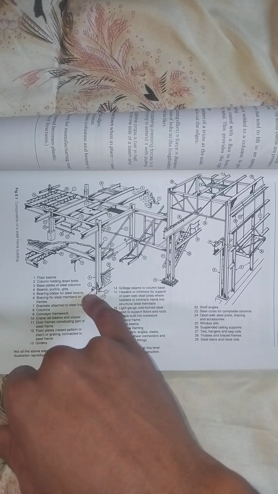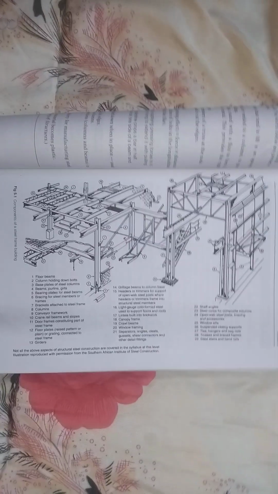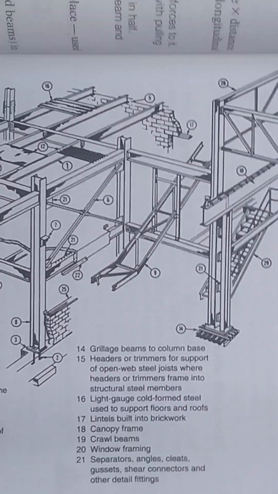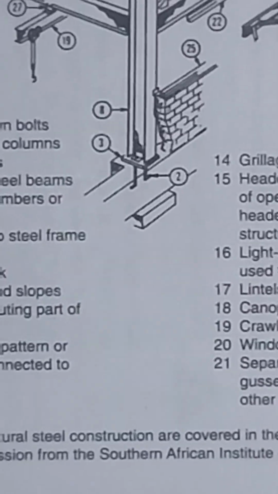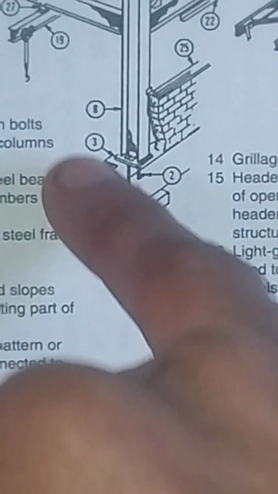It's on top of your column. So your base plate is what's connected to your U-bolts or your J-bolts. Let's just quickly zoom in there. So there we can see number 3.